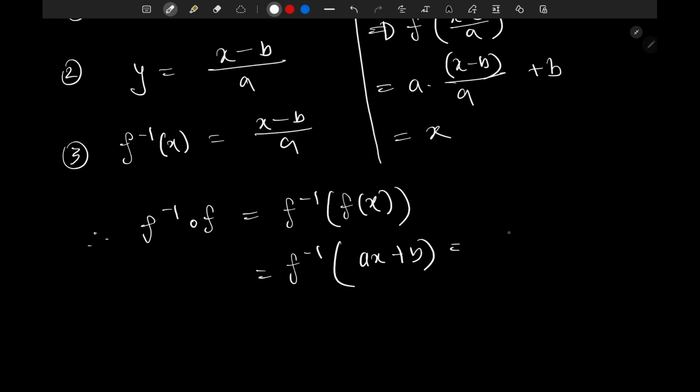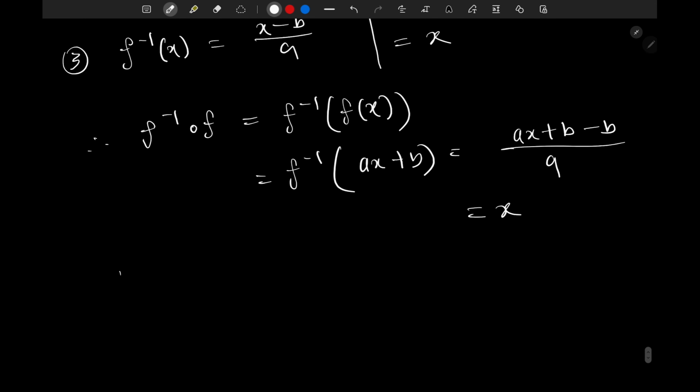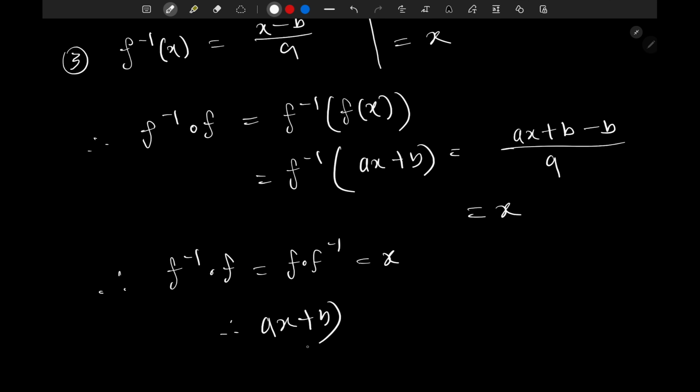Now you put this over here. So this is (ax plus b minus b) divided by a. Again, this is x. So as you can see, f inverse of f equals x. So the inverse of ax plus b is just (x minus b) divided by a. So they are inverses of each other.